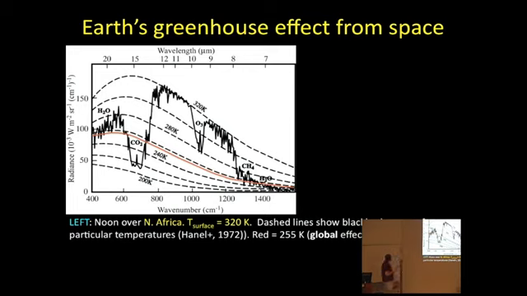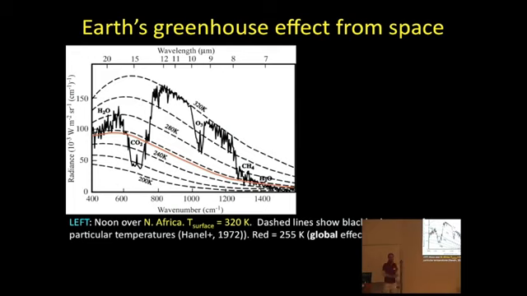On this diagram, this is actually a spectrum taken over North Africa. And what we see are various dashed black body curves, and then the actual curve from the Earth. If the Earth were just a black body, this would, of course, be a smooth curve at the appropriate emission temperature. Instead, we have these bites out of it, the most prominent ones being CO2 and ozone.